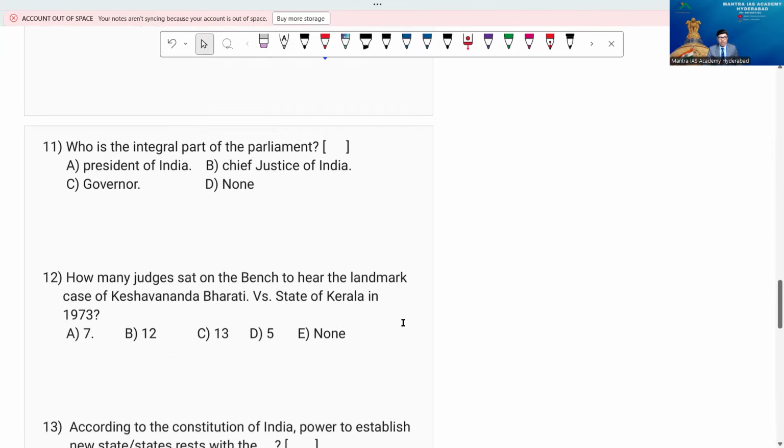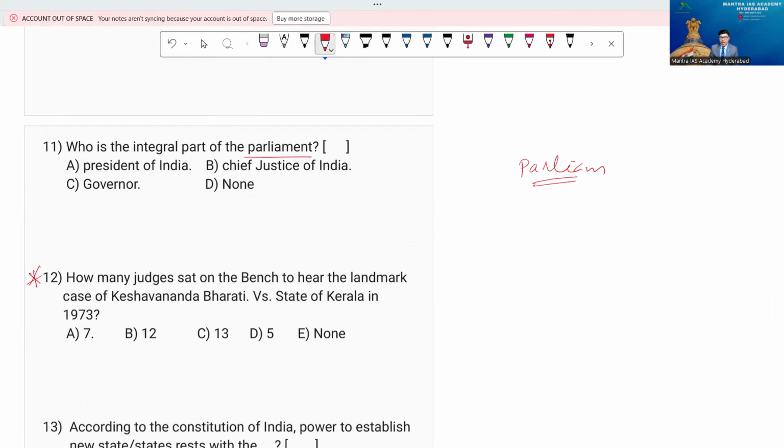Now the 11th question, and the 12th is a very important question. Please remember, the 11th question I'm asking now: who is the integral part of the parliament? See, I want to tell you, this is a 2011 or 2012 UPSC preliminary examination question.